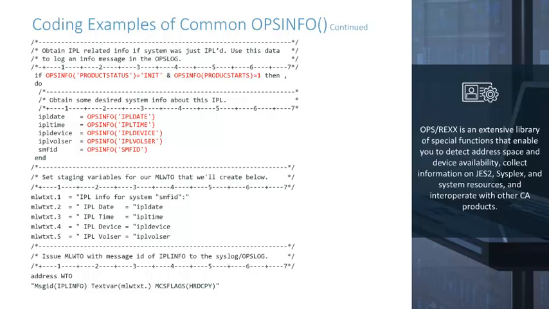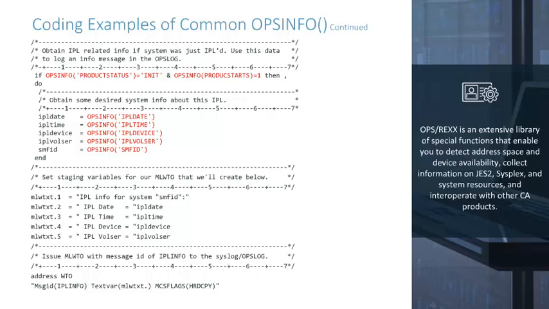Together, these OPSINFO functions can be effectively used in the init section of any AOF rule when you need to determine if OPSMVS has just been started for the first time after an IPL, thus allowing you to create if-then-else logic based on OPSMVS starting for the first time after an IPL.